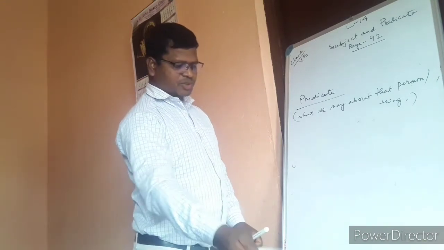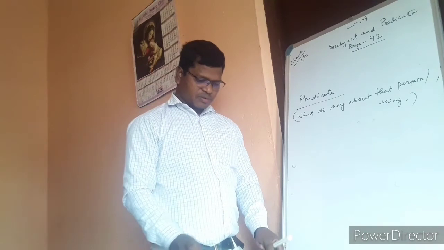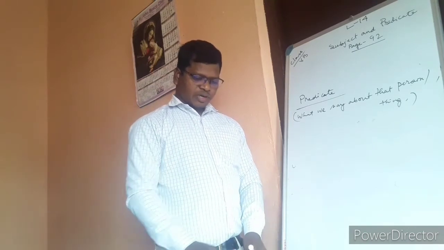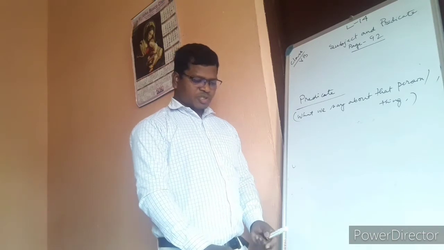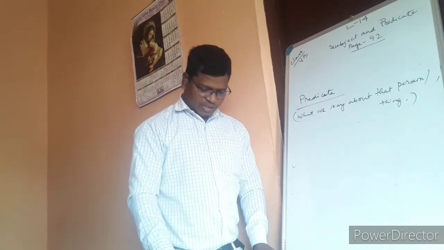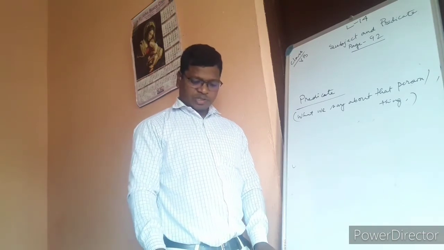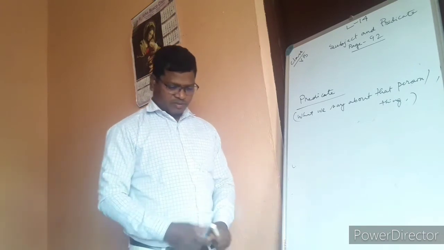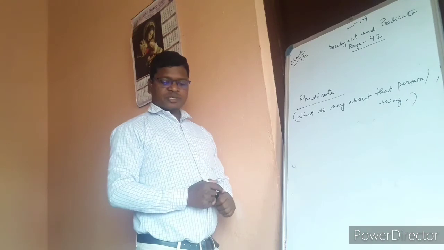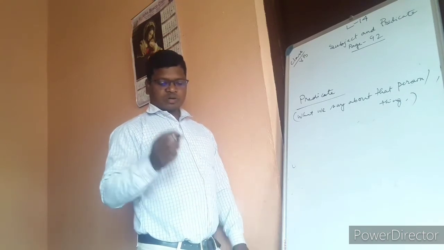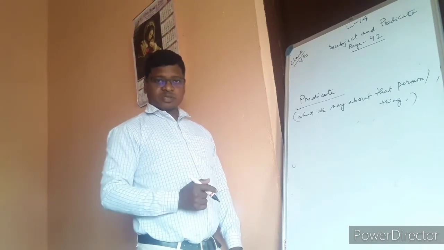For example, let us see the predicate. I hope the definition of predicate is very clear to all of us, otherwise there will be a lot of problems. So the part of a sentence which tells us something about the subject.